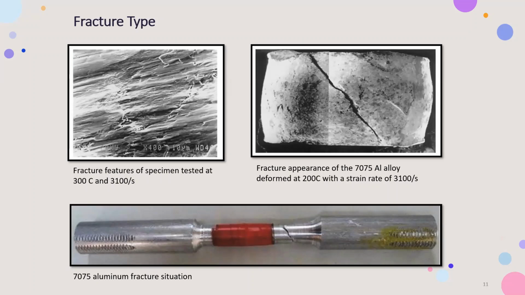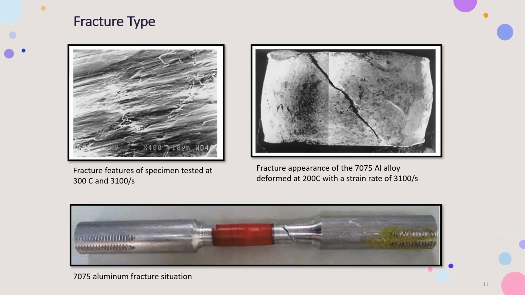Here in these images, we can see the fracture type of the specimen, and at the bottom we can see the specimen. And these are the conditions: 300 Celsius and the 3100 strain rate. And here you can see that the fracture takes place gradually, which is one of the features of a ductile material.